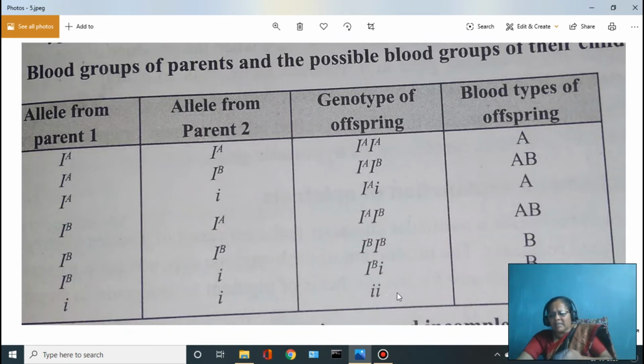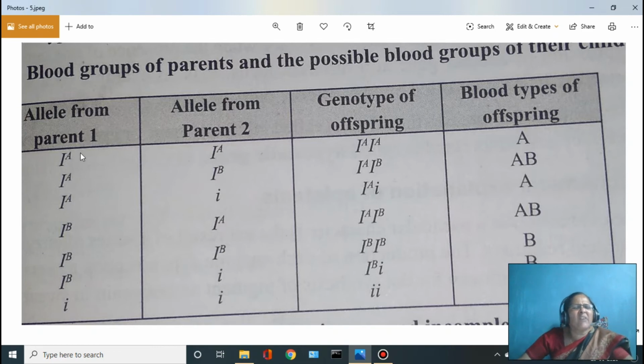This is the combination of crosses in this blood group system.